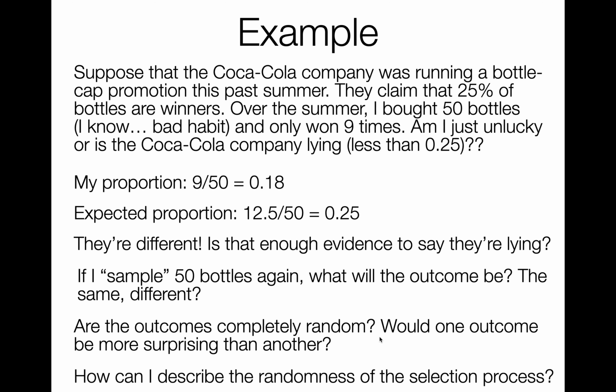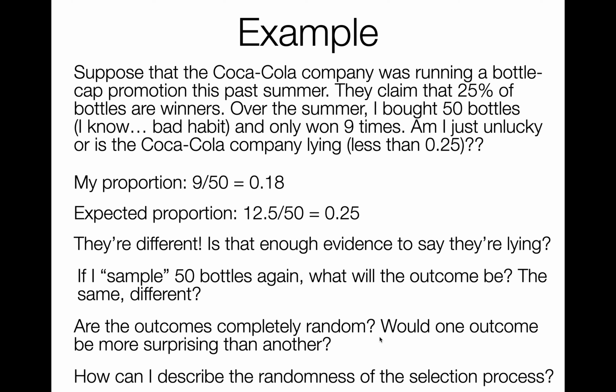Okay? And so the question that I'm trying to get to is, how can I describe the randomness of the selection process? And what I mean by that is, every time I get 50 bottles, it's unlikely that I get the same number. Sometimes I'm going to get 9. Sometimes I'm going to get 13. Sometimes I'm going to get 15. Okay?